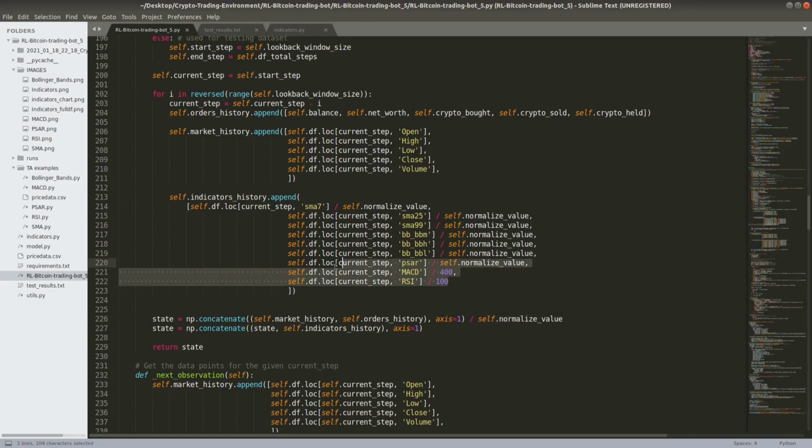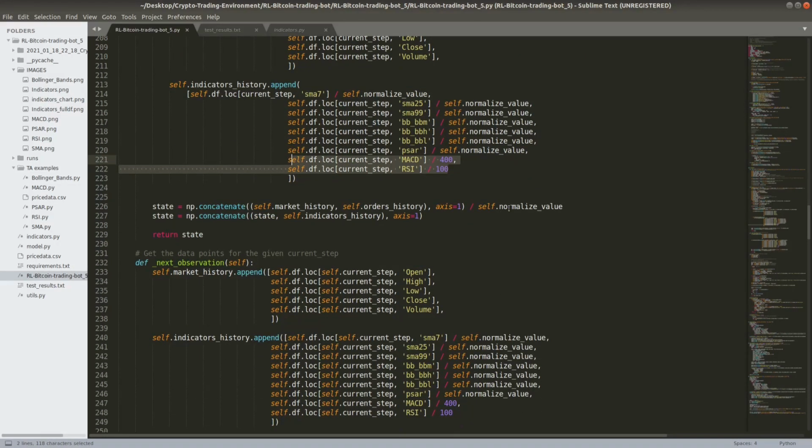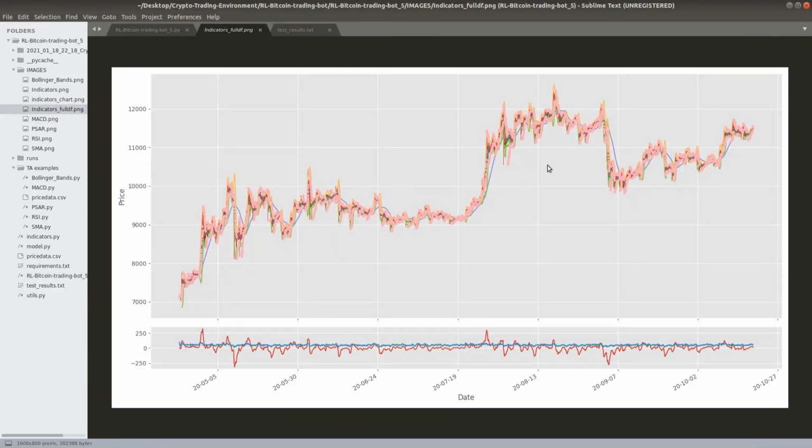Well, because there are 2 different values, which I made a little bit different. So I showed you already my other chart where I added all our indicators into it. And actually this is my full data set. And as you can see, there is the MACD indicator that sometimes goes too high and sometimes goes too low.